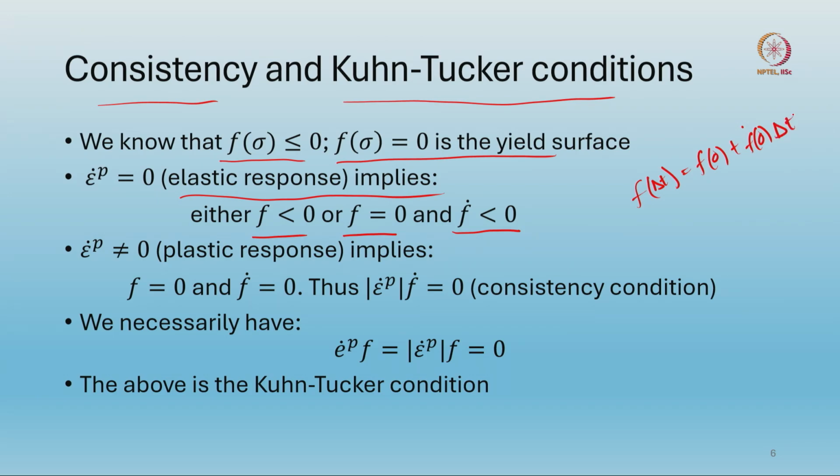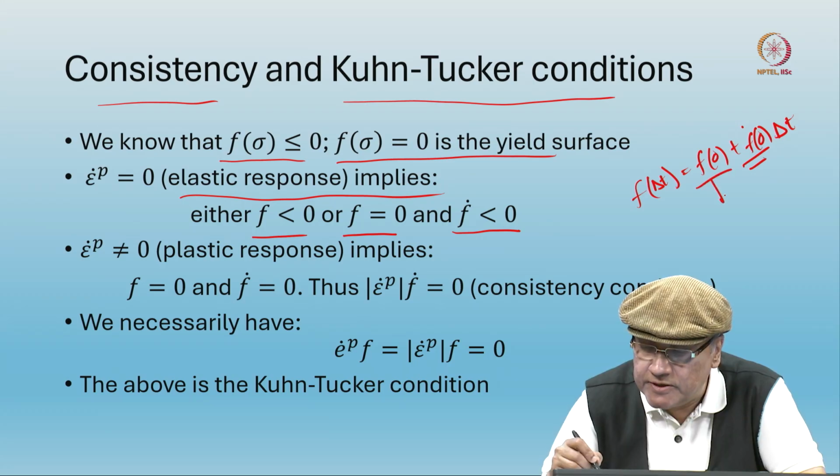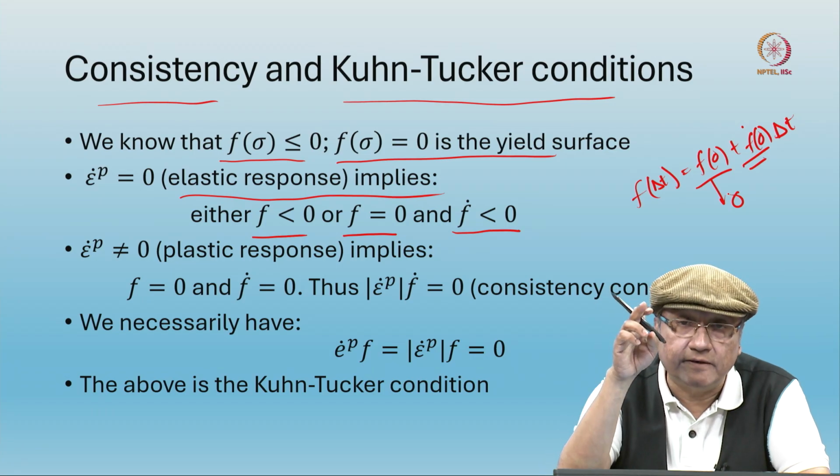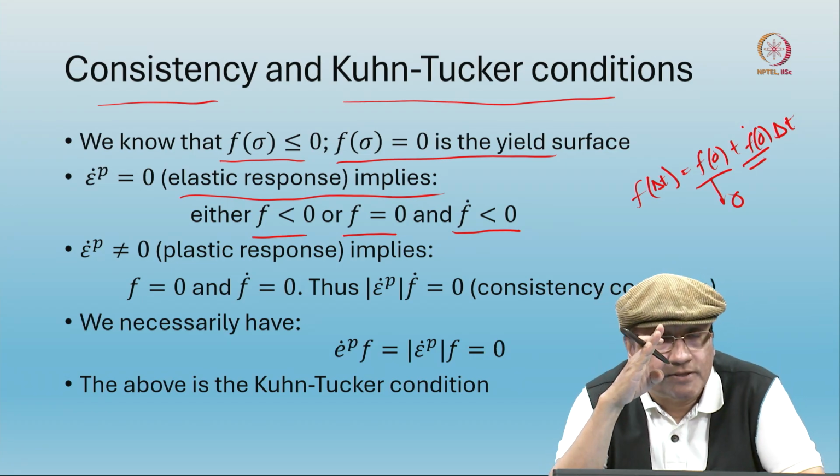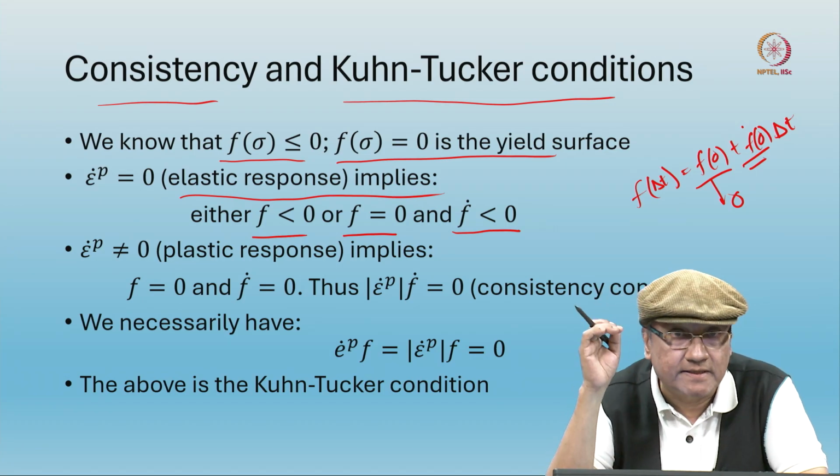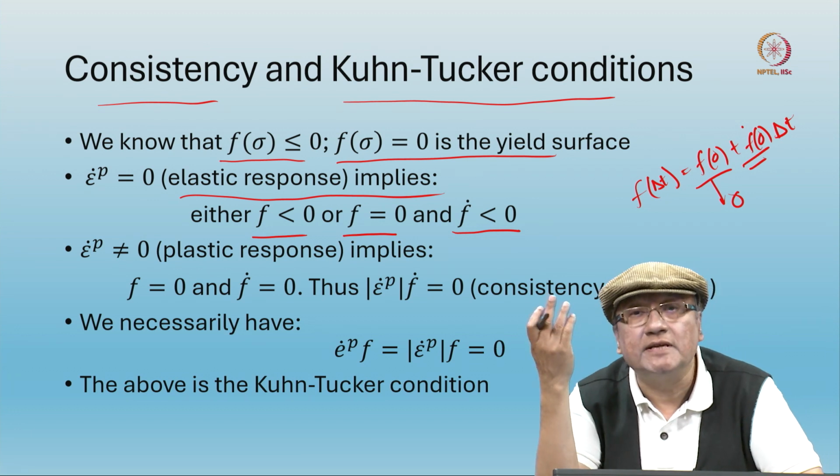So, if f dot is less than 0, then f at delta t, however small delta t is, will become negative, because f0 is 0. We are originally on the yield surface at time t equal to 0. As soon as we move, it will leave that yield surface, and therefore the response will still be elastic.